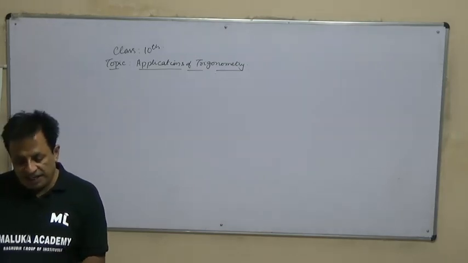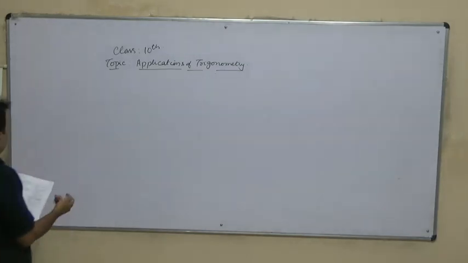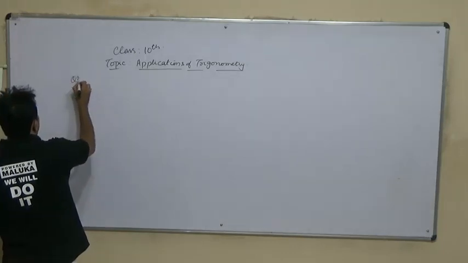The next is the angle of elevation of a cliff. Question third.